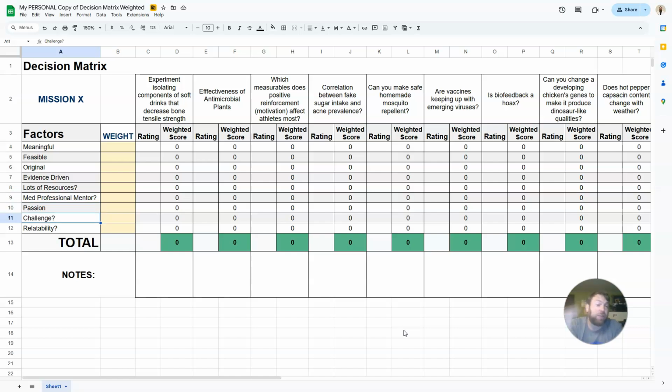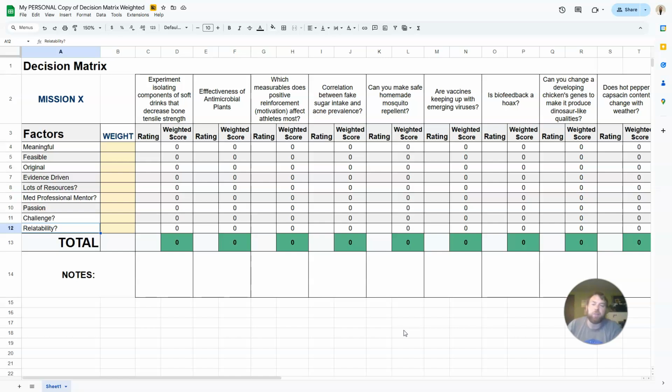Are you going to be learning new things and learn how to do new skills in the classroom? And is it relatable? Is it something that can actually intrigue individuals that are just like you, interested in biomedical science, or just like you, just teenagers in a classroom? These are all things that you could come up with as factors for deciding on a specific project approach, and they're all completely unique to you.